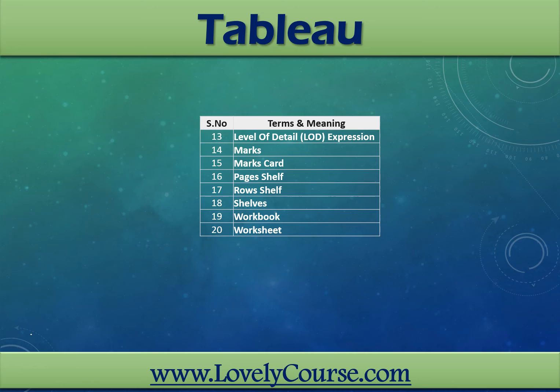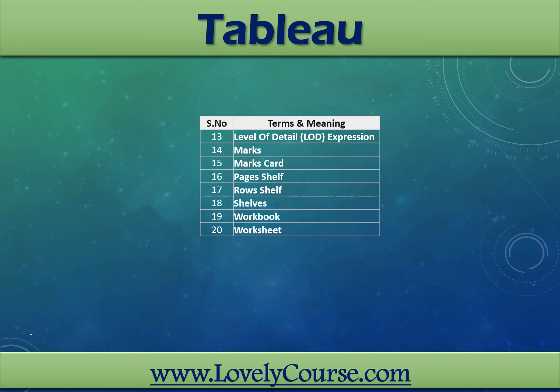Number 17, rows shelf. A shelf at the top of the workbook that you can use to create the rows of a data table. The shelf accepts any number of dimensions and measures. Number 18, shelves. Named areas to the left and top of the view. You build views by placing fields onto the shelves.